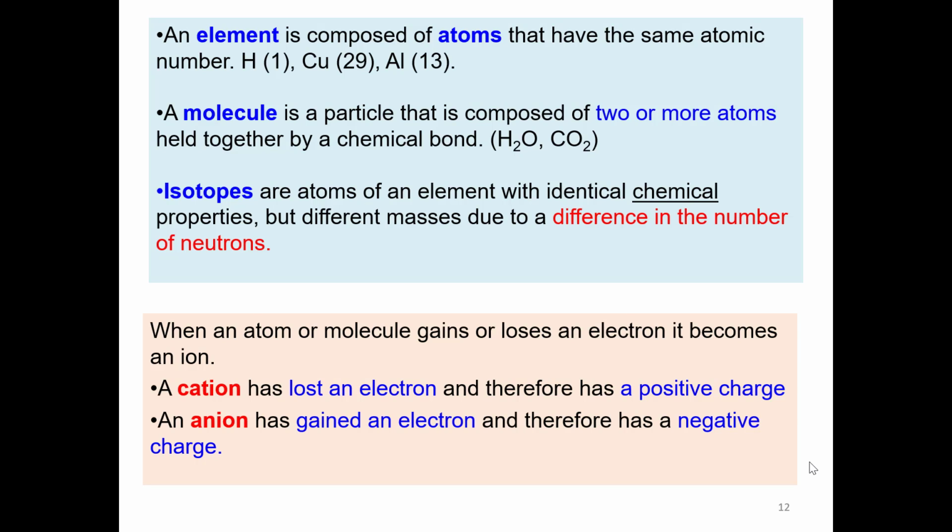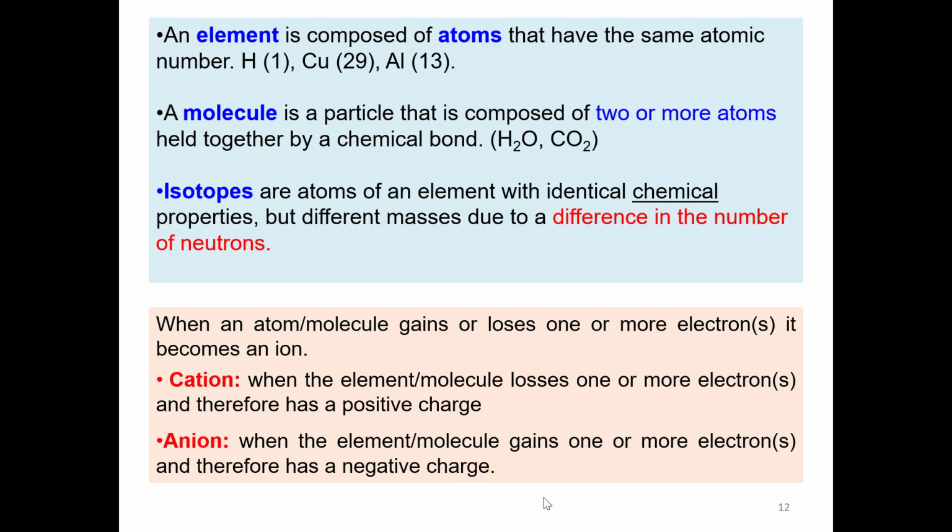The third term we learned today is isotopes. Isotopes, we know, are atoms of an element with identical chemical properties, but they have different masses because they have different numbers of neutrons. Also, we say when an atom or molecule gains or loses 1 or more electrons, it becomes an ion. And we say there are 2 different types of ions.